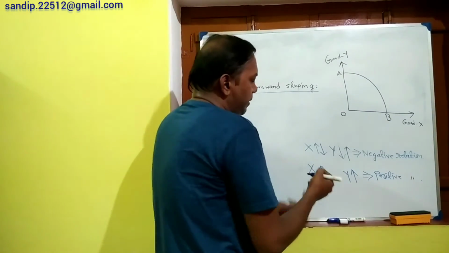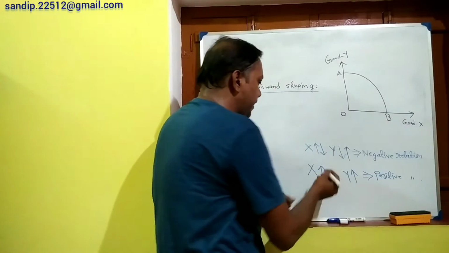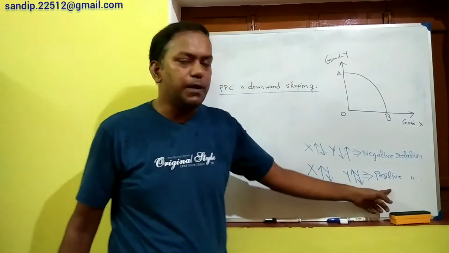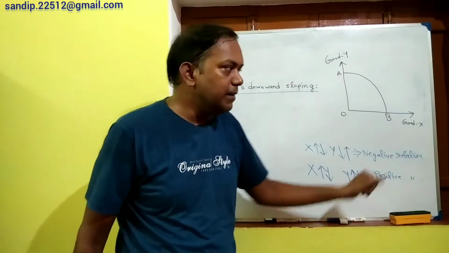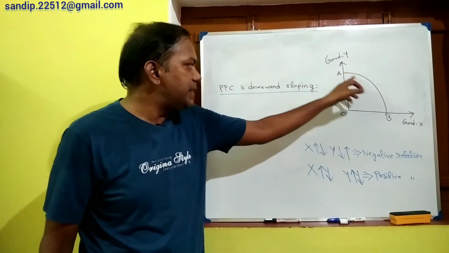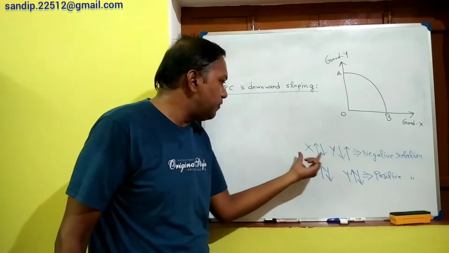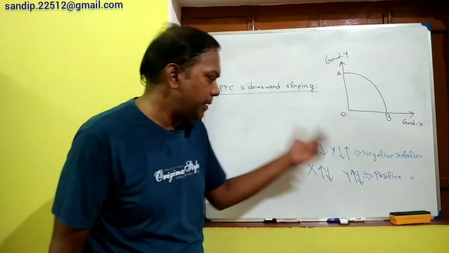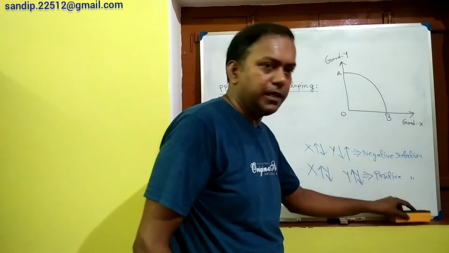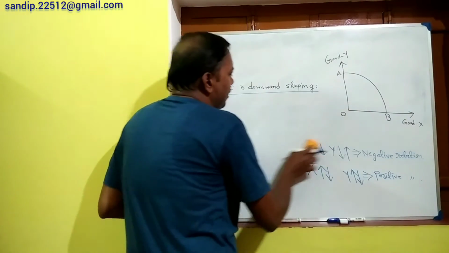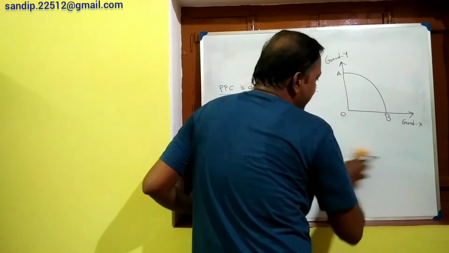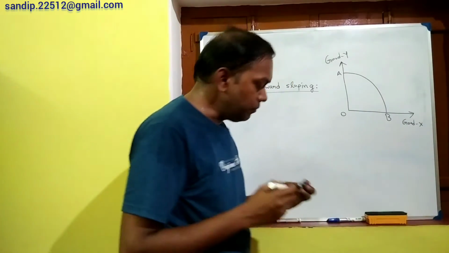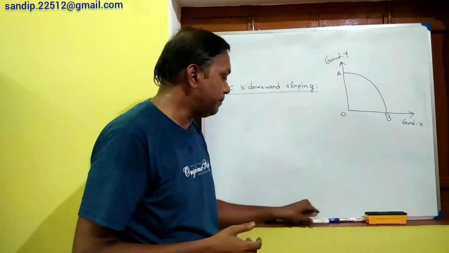So to prove PPC is downward sloping, I will apply this negative relation concept. If I can prove that there is a negative relation, we can prove that the curve is downward sloping.